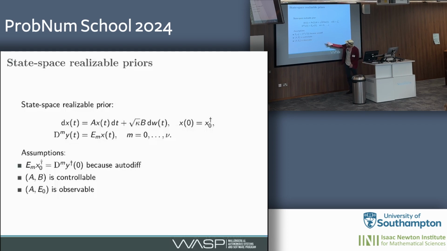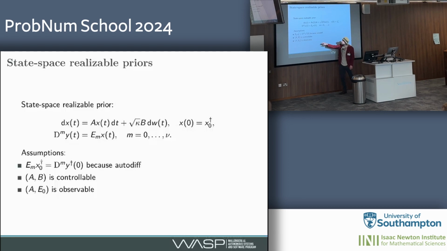And here are some assumptions I'm not sure I'm going to necessarily need, but they're related to the reproducing kernel Hilbert space structure of the prior.